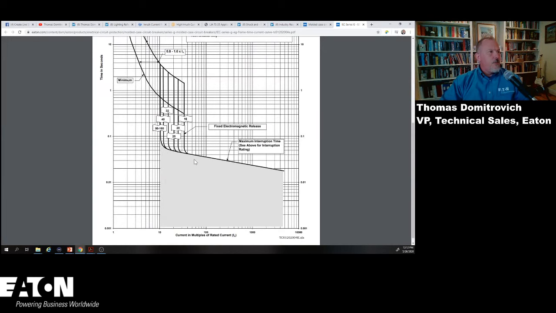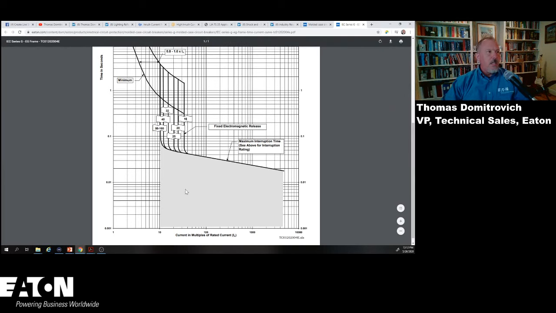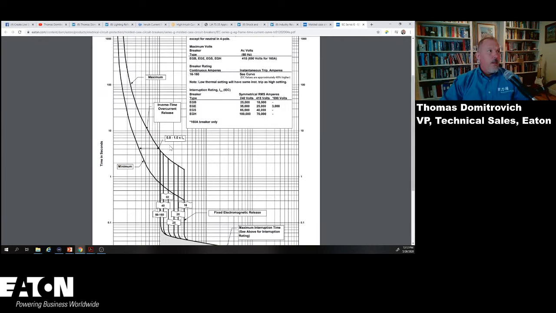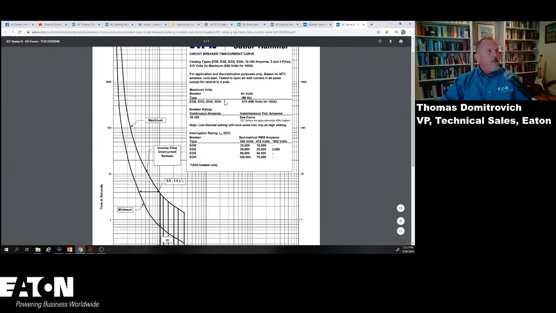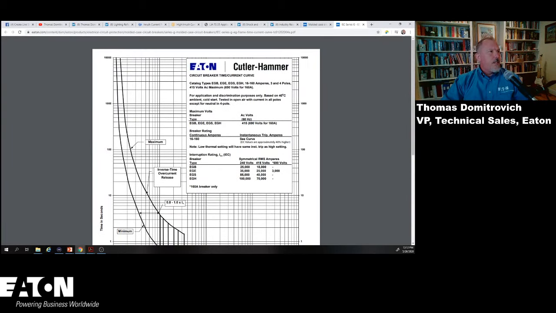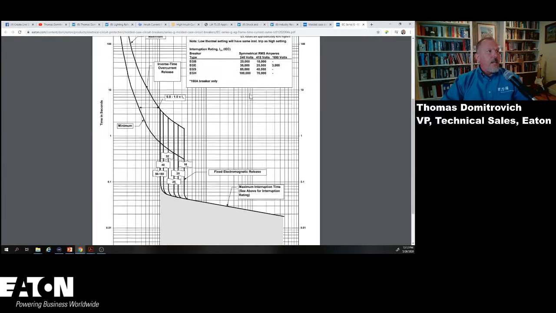And the issue that you'll run into on any type of inrush current, whether it be a transformer, motor, or whatever it is, is that you're working into this instantaneous region. And depending upon the size of the breaker, this is a molded case circuit breaker as an example, an EGB, EGE, EGS, or EGH. If I look at this, this is 16 to 160 amps.